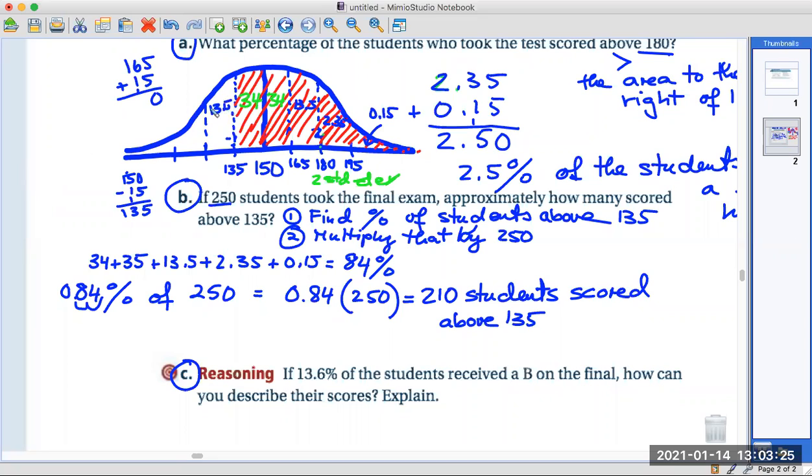So that would mean that the B area would be somewhere around here, which most people had a higher score than B. Notice the area under the curve is getting more and more. So this part here to the right contains, I would say, 3/4 of the data. That would mean to me that most students scored higher than a B. That's how I see that.